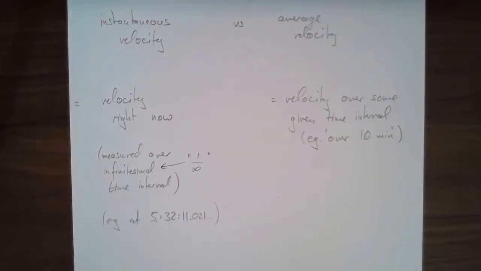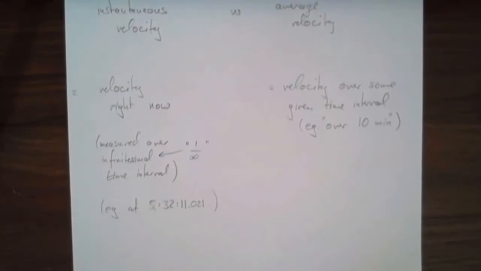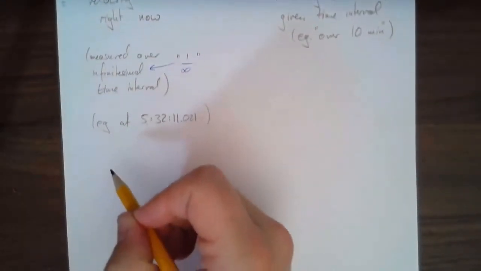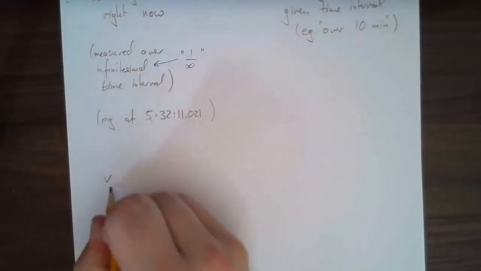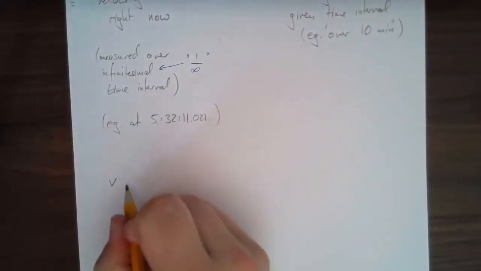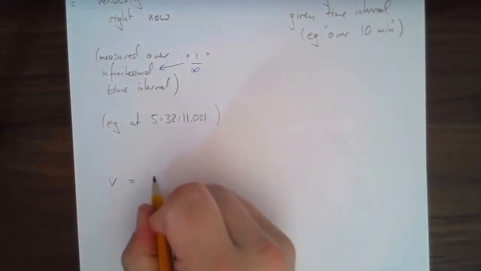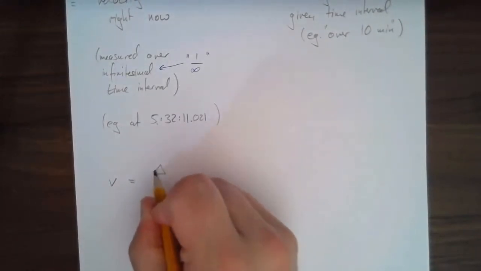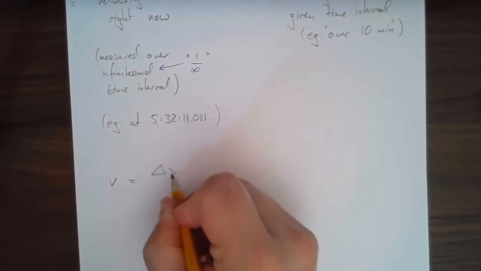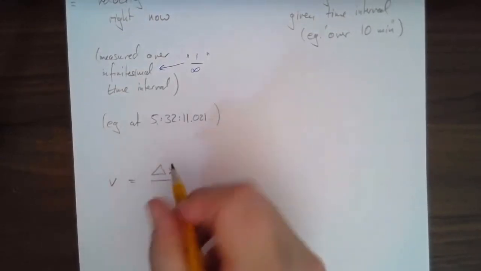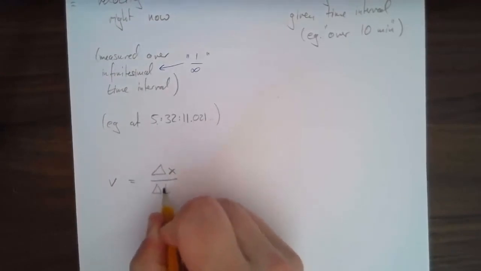This is defined mathematically as a limit, and so velocity would be defined as this limit. Let's just write this down, how to do this. So the velocity, I'm just going to write v, is this displacement over time. So the way I might write this is a displacement delta x, displacement per time taken.